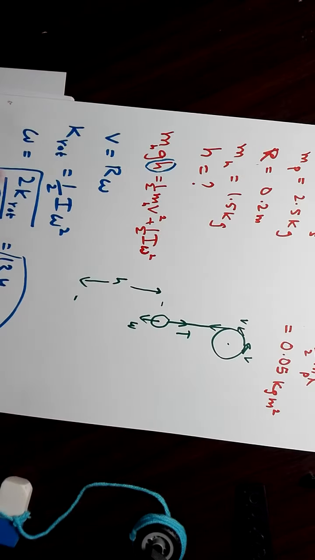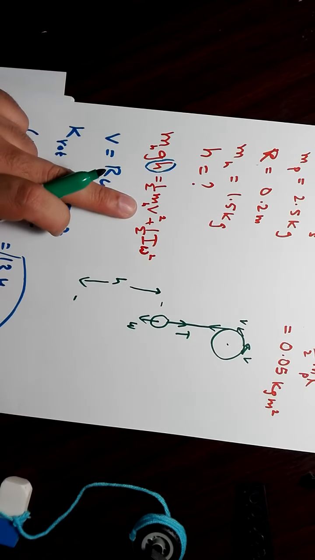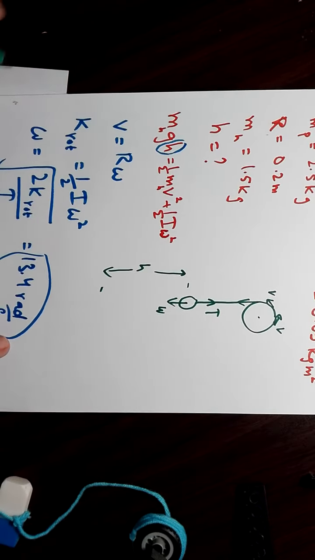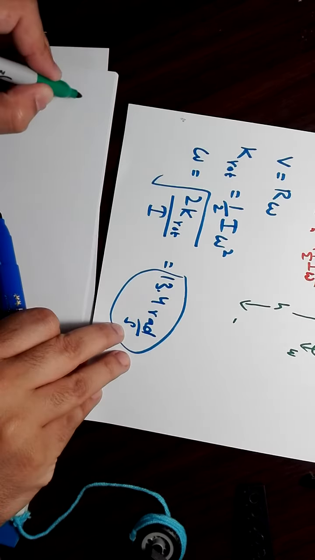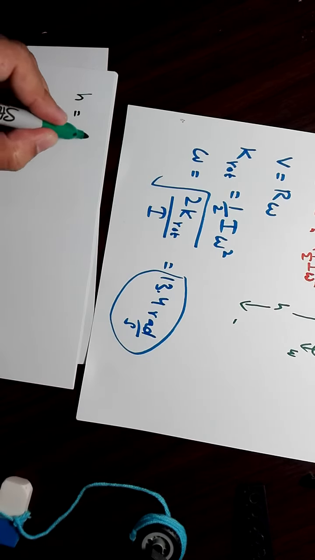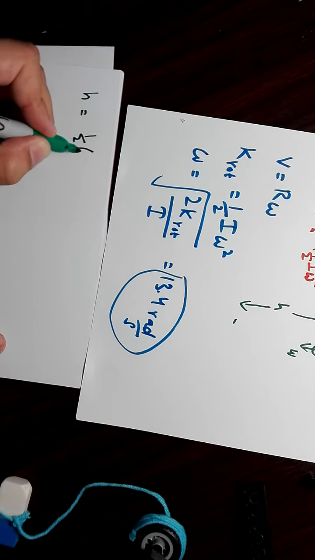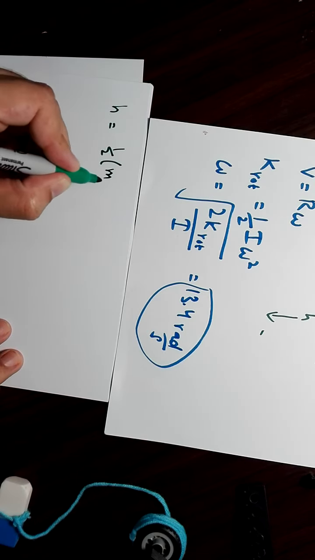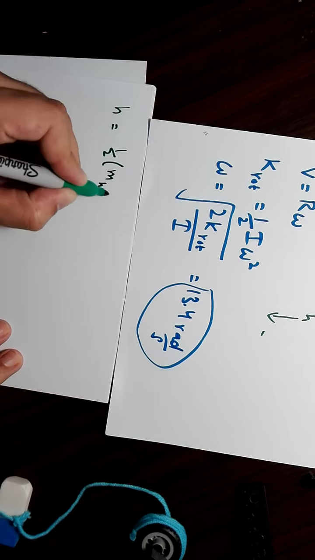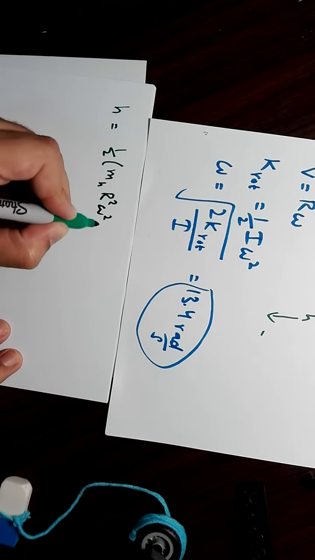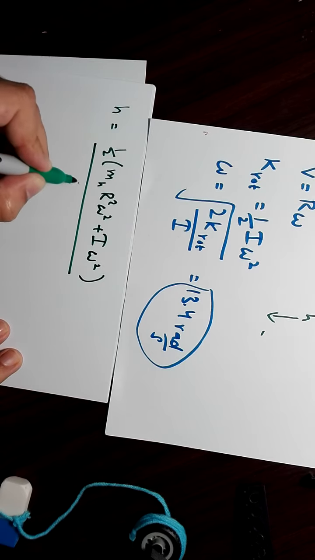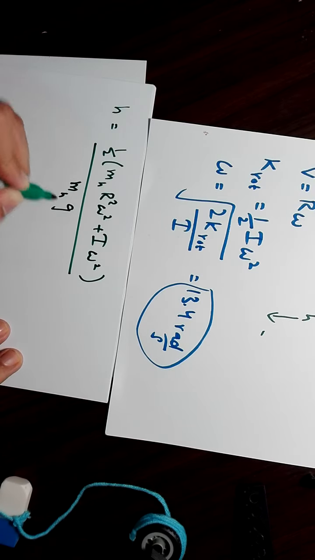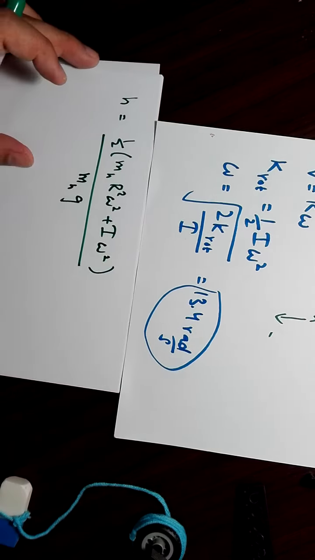If we plug in v equals r omega, since we know omega, let's write it in terms of that. So h will be equal to half m_h r squared omega squared plus I omega squared, divided by m_h times g. Okay, so that's your equation.